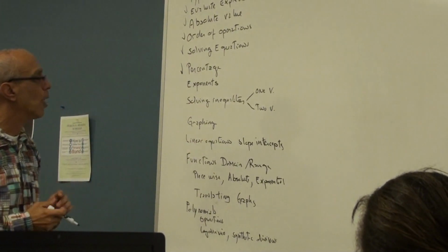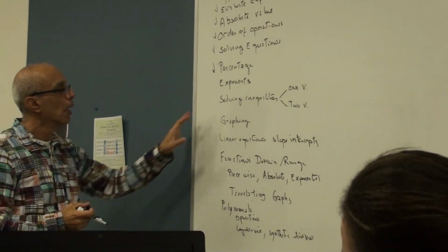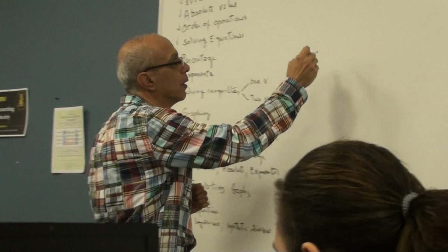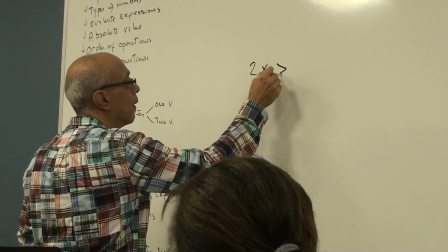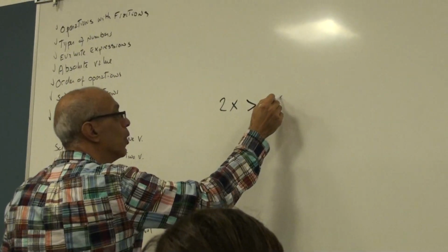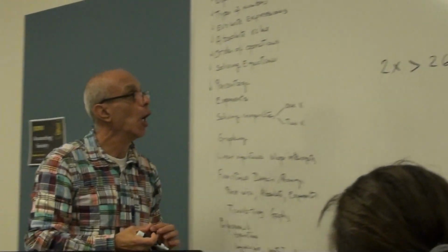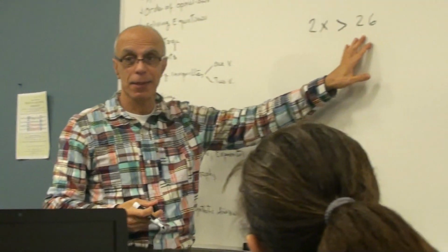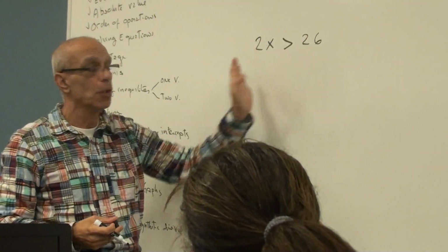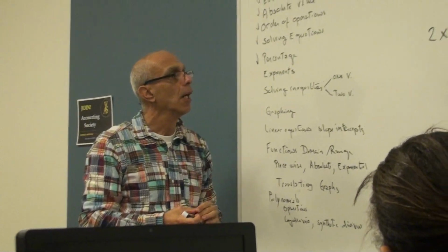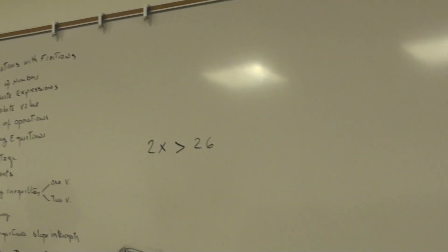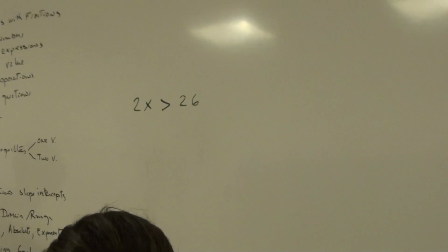Now, inequalities. Inequalities is if I have 2x now greater than 26. 2x greater than 26 is not an equation anymore. This is an inequality, right? Remember, in the equation, we always find one value for x, one value.